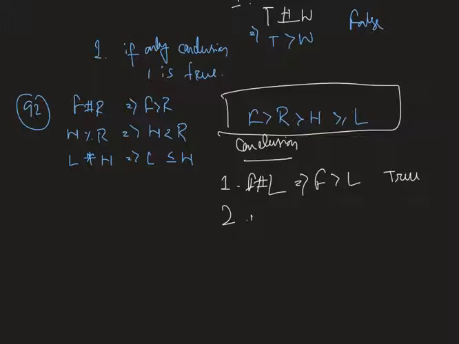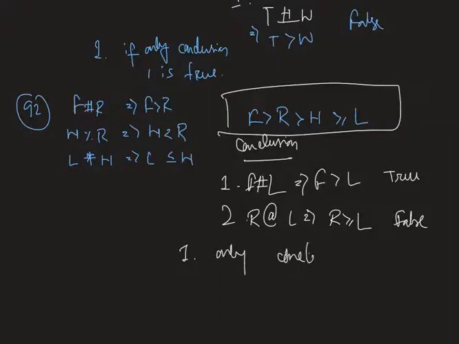Now the next one is R at the rate L. This implies R is greater than equals to L. Now from this inequality we can say that it is false. Therefore here also only conclusion 1 is true.